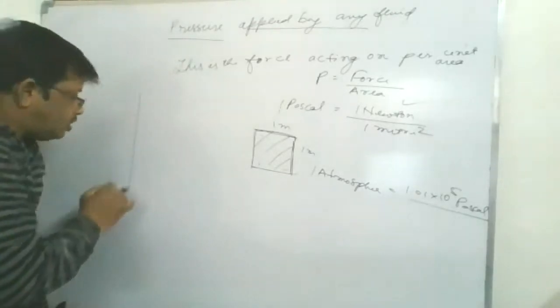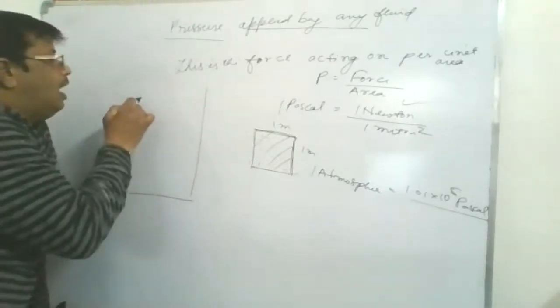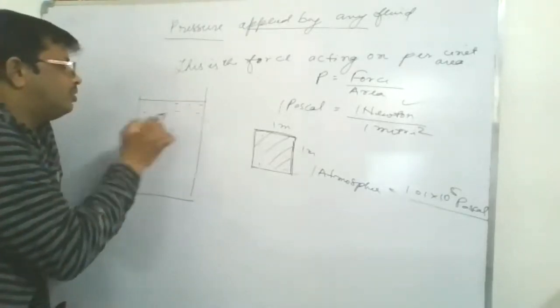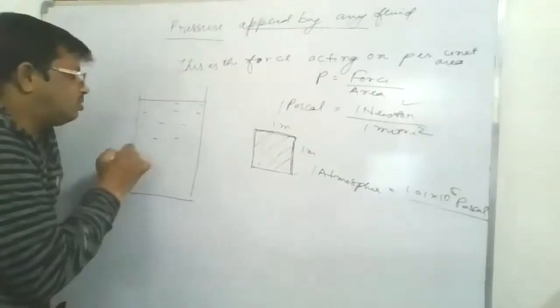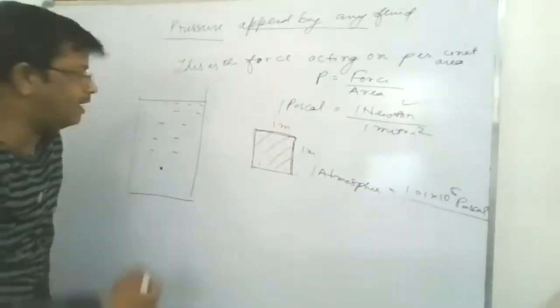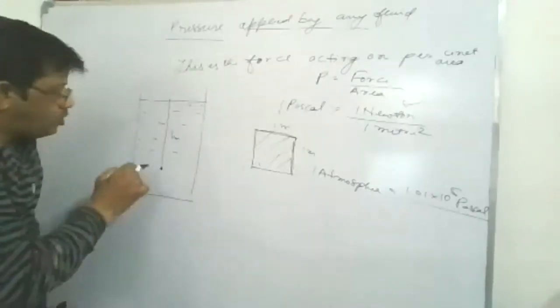So let us see, if this is a container and this container is filled with a fluid. If we are talking about any point at a depth d, or H, below the free surface. Now see here, beta.